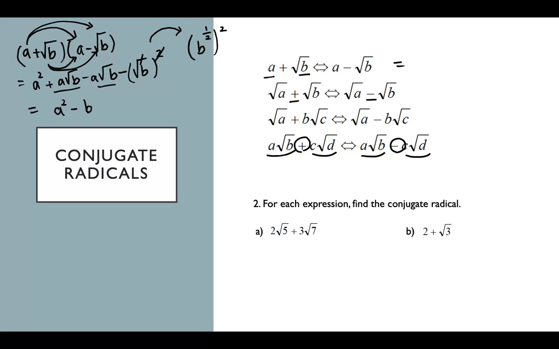This is a long way, but we want to shorten that process. So for the conjugate radicals, you just multiply the same numbers. So a times a is a squared, and square root b times square root b is b, and positive times negative gives you negative. Do you see that?